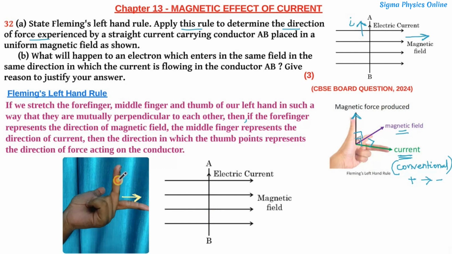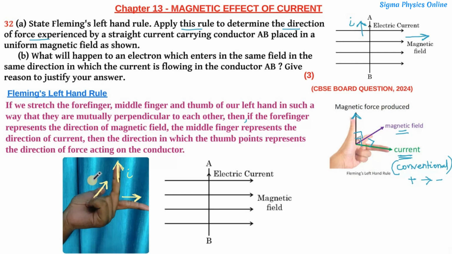So here it is represented by the middle finger which points upwards, representing the direction of current. Now you can see the direction in which the thumb is pointing, it is inside. Alright, so it is inside. So we see that the direction of force acting on this current carrying conductor AB will be inwards, or it will be into the page.